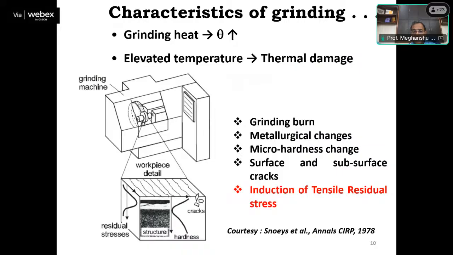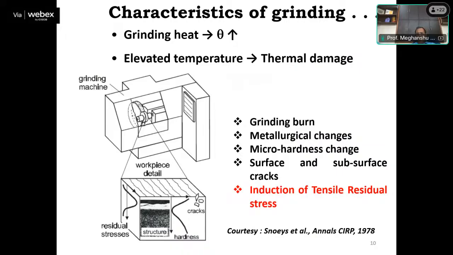Last but not least, and very important, is the induction of tensile residual stress. This tensile residual stress will be detrimental for the manufactured component coming from the last machining operation. As the name indicates, this residual stress induced by heat is tensile in nature.